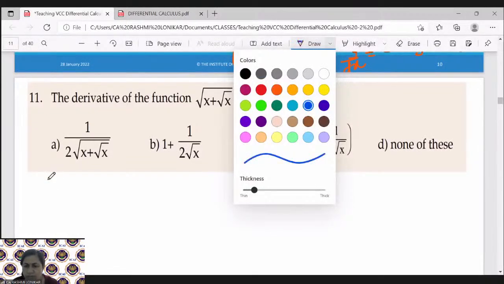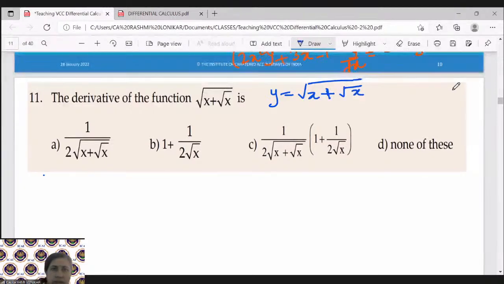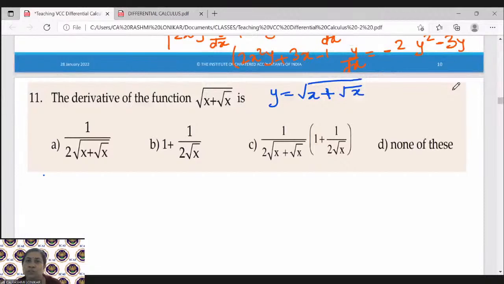Now here, I will write y is equal to square root of x plus square root of x. Now, as you can see, it is not direct. Had I got only square root of x, I could use it like we did last time. Suppose I had only square root of x, y is equal to square root of x. Suppose this is the question.